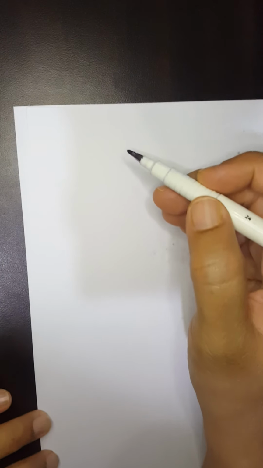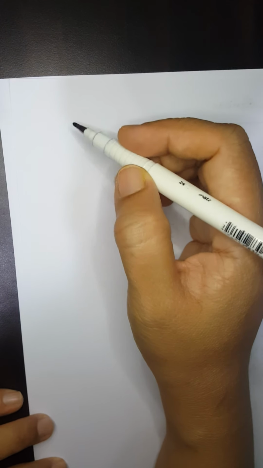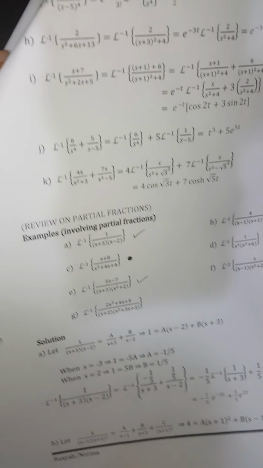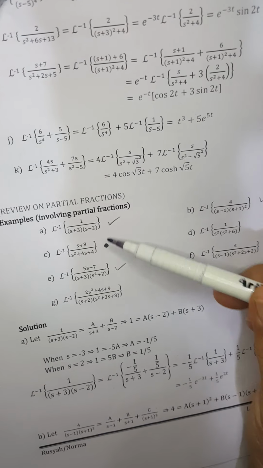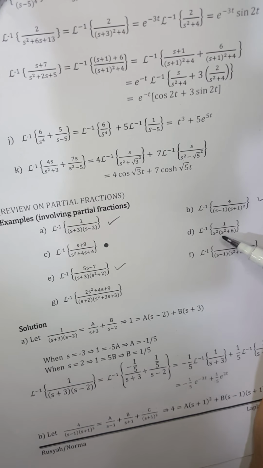Okay, now we go on with the next example. So what if we have a look at your notes here. So let us try. We have tried the first one, so I'll show you.